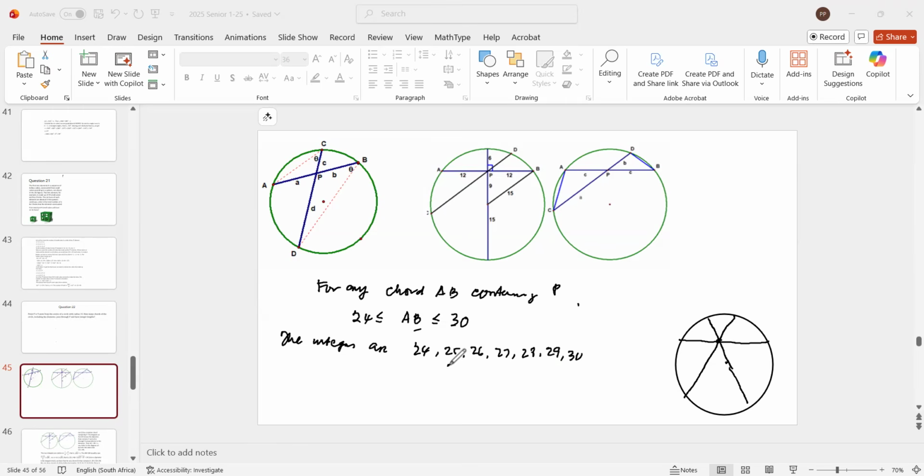So there are two of length 25, the same with all these, but with the diameter, there's only one. When you reflect the diameter across itself, you get nothing. And the perpendicular one, when you reflect it across the diameter, you get the same thing. So this will produce only one chord. The 30 will produce one chord, and the 24 one chord, but all the others will produce two. So the number of such chords, if you add up all these, is 12.